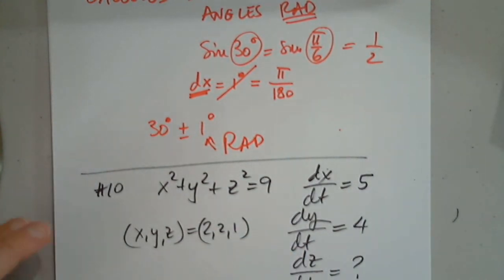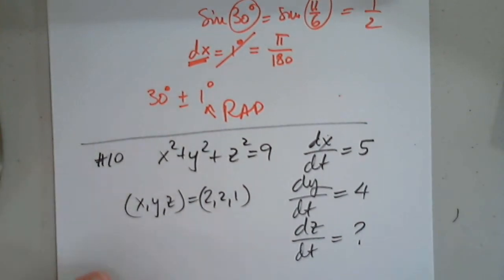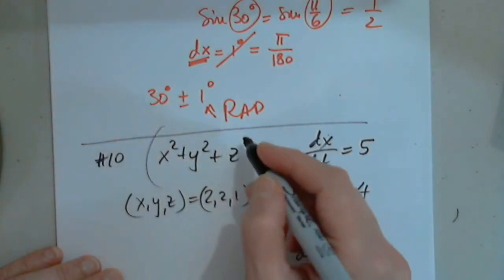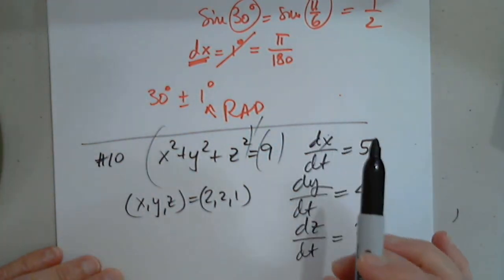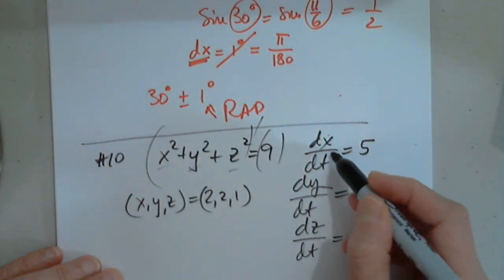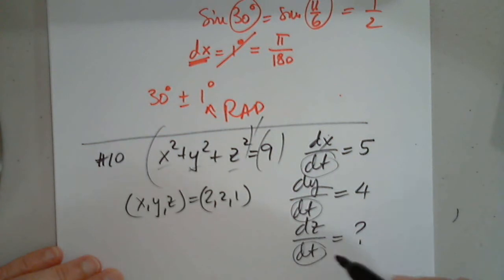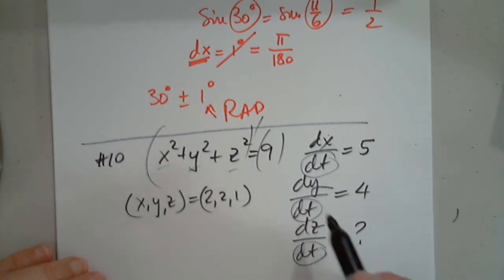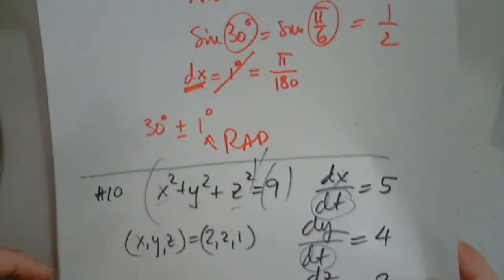So there is no need to solve right now for z or z squared. Just differentiate implicitly. Remember, though, x, y, and z are all functions of time. So none of these is just a simple variable.